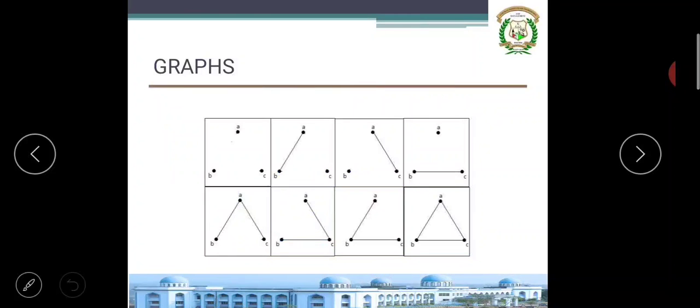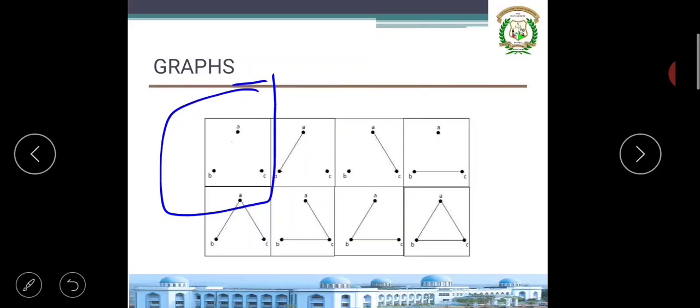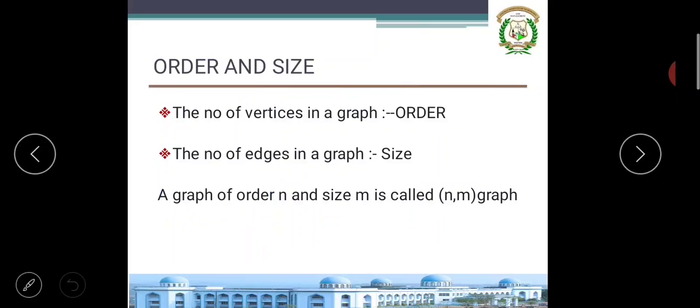If you observe these, these are all types of graphs. Here, three vertices and zero edges is called a null graph. Another example: order and size. What are order and size?